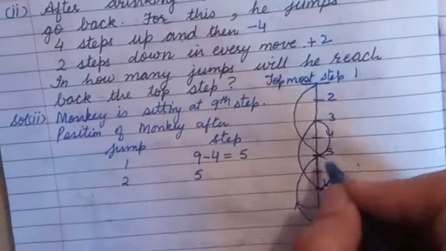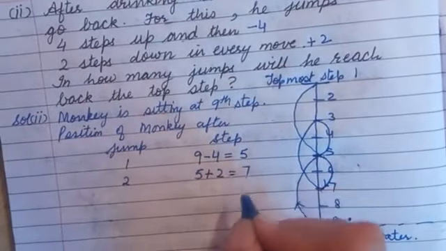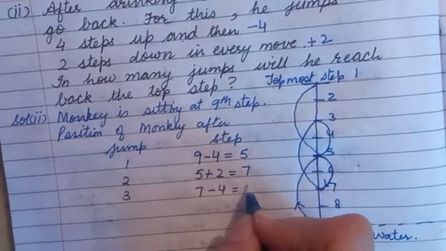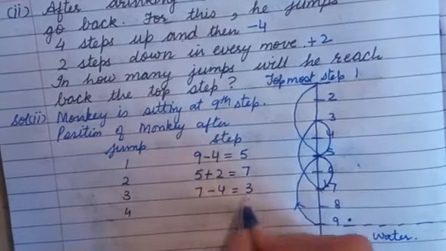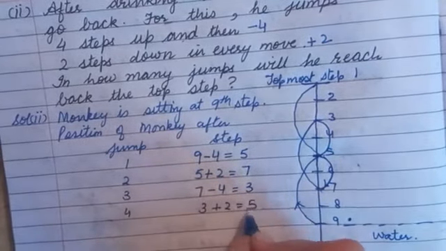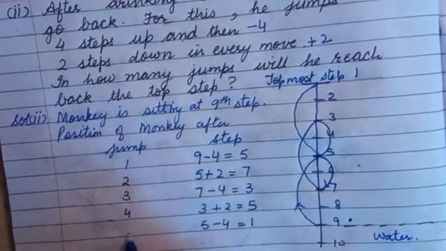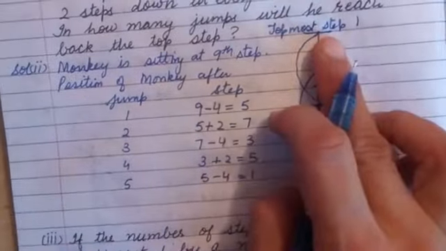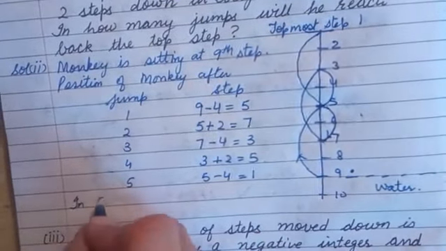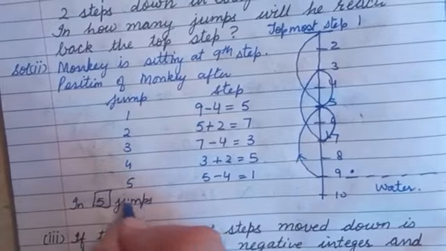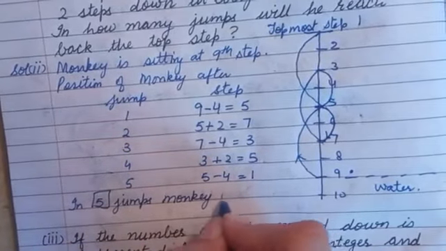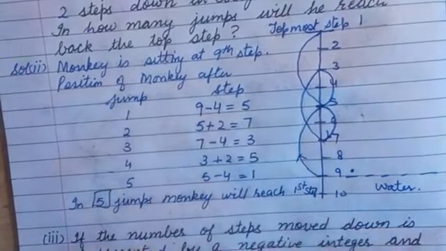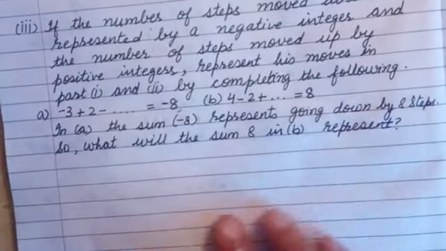Second jump moving down, plus 2, that is 7. Then minus 4, it is 3. Then 3 plus 2 is 5. 5 minus 4 is 1. So in the fifth jump he will reach the topmost step. So in 5 jumps the monkey will reach the first step.